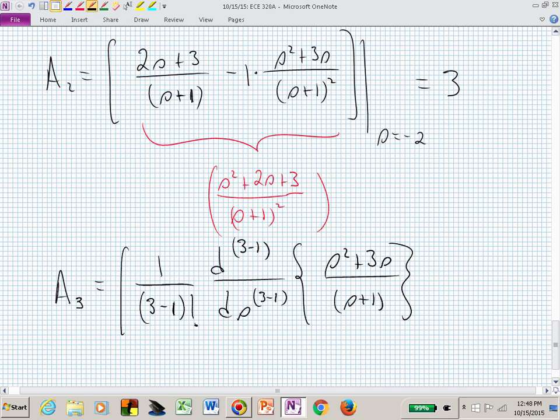But we've already differentiated that once, and that's what's in red, so I'm just going to have to differentiate once what's in red. Is that making sense?